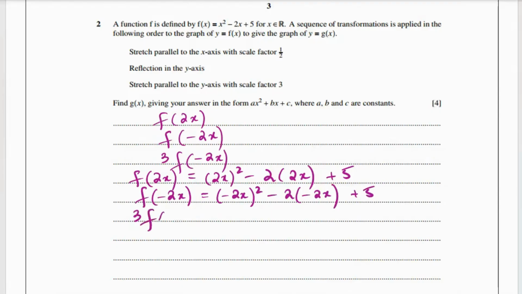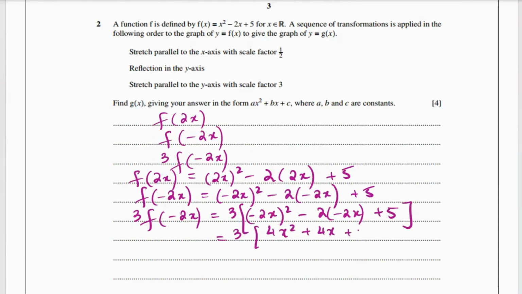And then we're multiplying the entire function by 3, which means it's going to be 3 bracket negative 2x whole squared minus 2 times negative 2x plus 5. This is the order of the transformations. Now we simplify this. 3 bracket 4x squared plus 4x plus 5. Multiply everything by 3. So that's 12x squared plus 12x plus 15. That is g of x in the form ax squared plus bx plus c, where a, b, and c are constants.